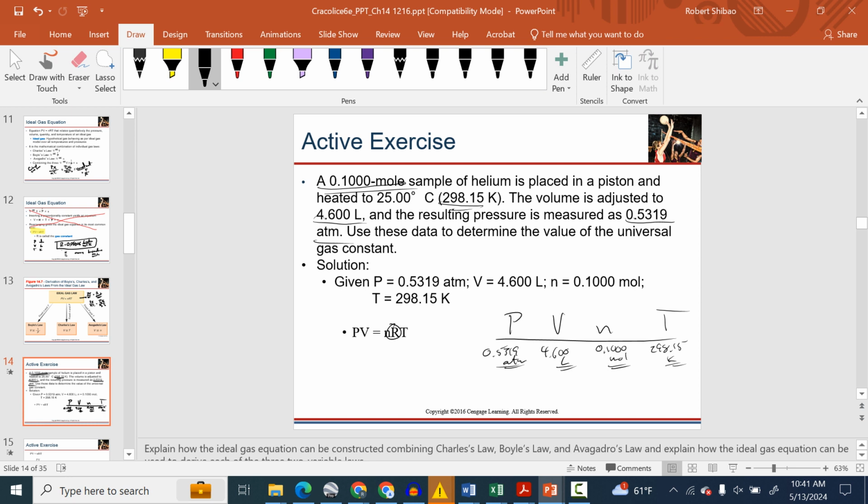And so we just solve this equation for R. R is equal to PV over nT.